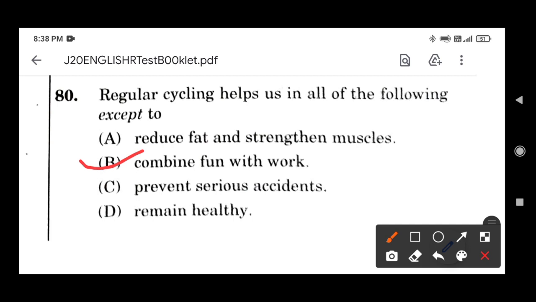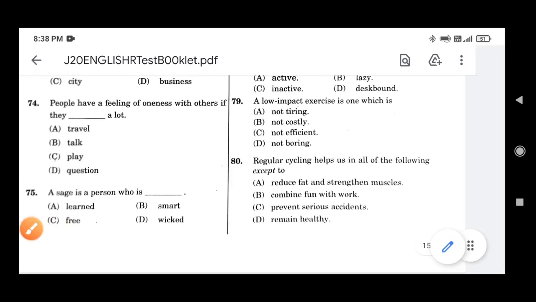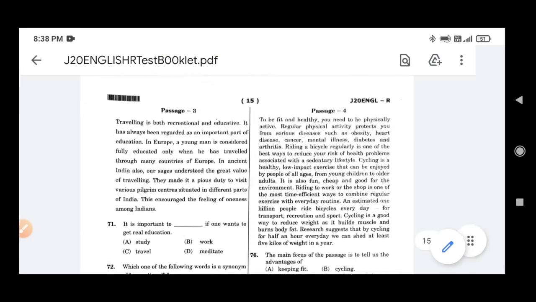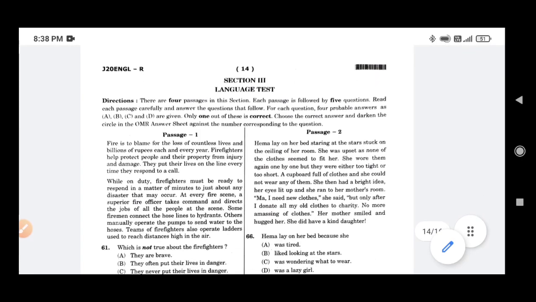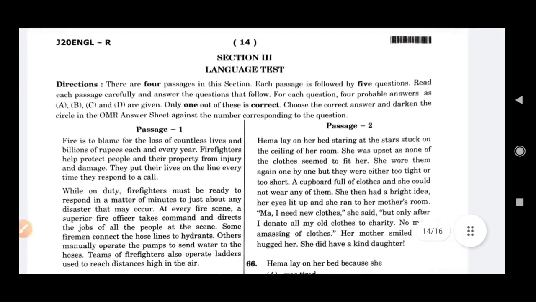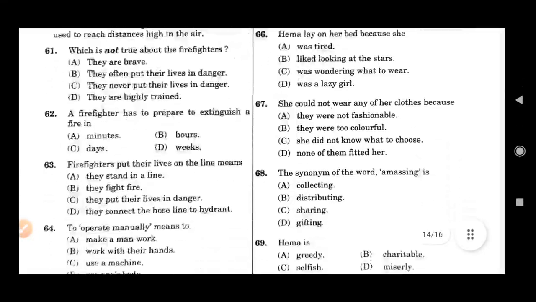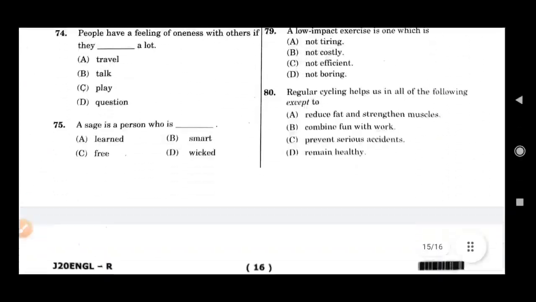So dear friends, I would like to emphasize regarding this language test, only three important instructions I'll give you. The first important instruction is, you have to read the passage once or twice, and after that you have to underline the important sentences or important words.